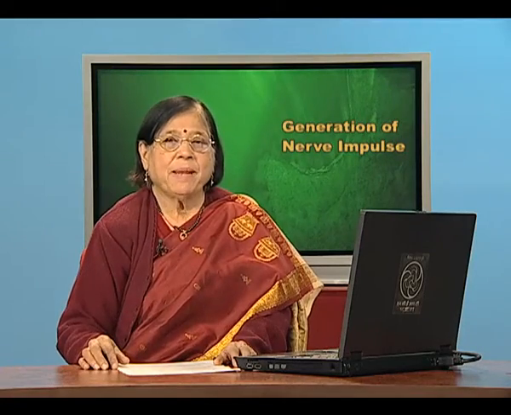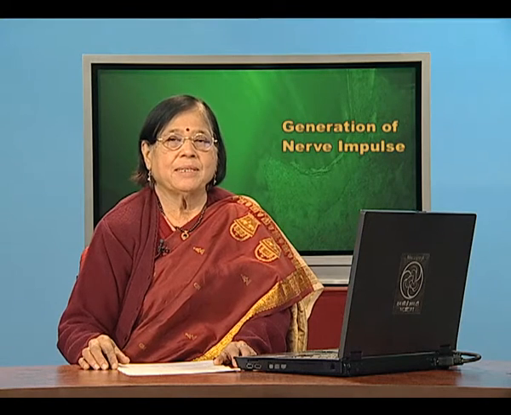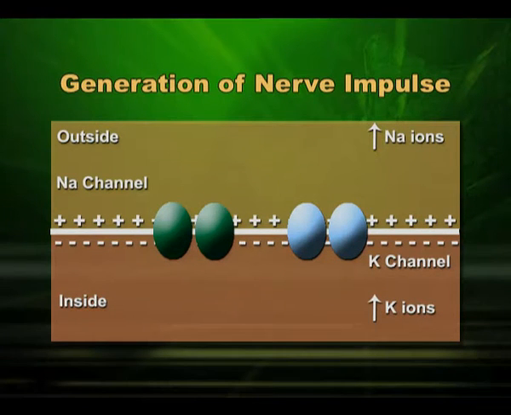I would like to explain it one more time to you students. As you can see in the diagram, this is the membrane and it is positively charged outside and negatively charged inside. Now, suppose a stimulus is provided at this point. We can call it point A.